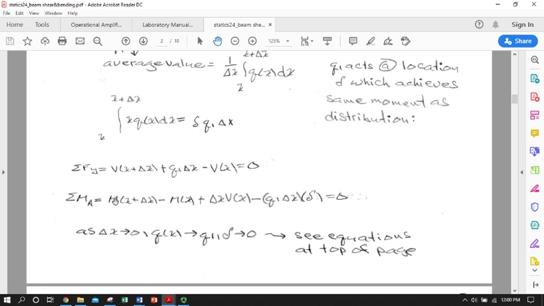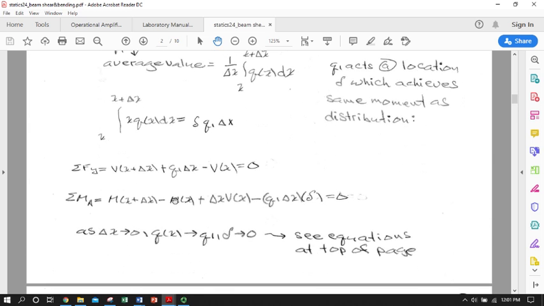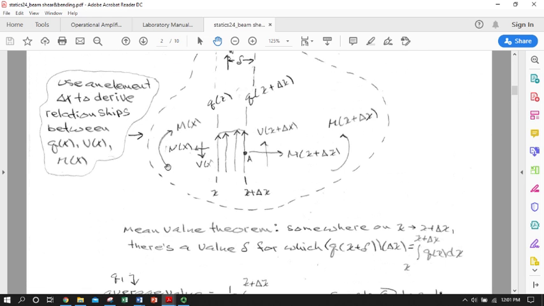Now we're going to write out moment. So we have a positive or counterclockwise moment being applied from the right-hand side beam that we cut off, which is our M at x plus delta x here. We have corresponding moment in the clockwise direction that's being applied by our cut-off left-hand side here.